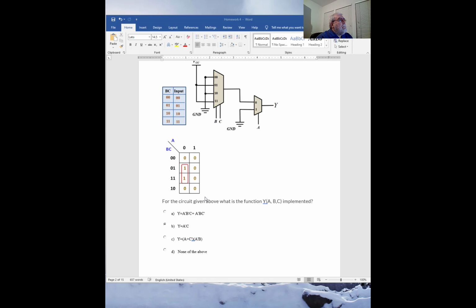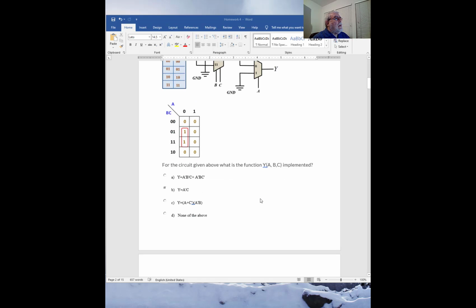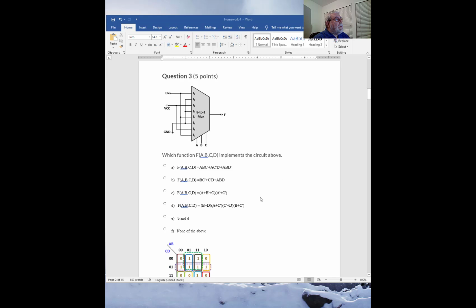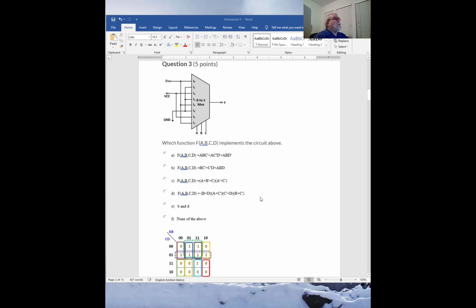All right. Let's see question 3. Still another one, a similar approach. There's a multiplexer to implement functions, and we have pretty much the same situation. The only difference from the past two examples is that there, we had only inputs tied to either VCC or ground.